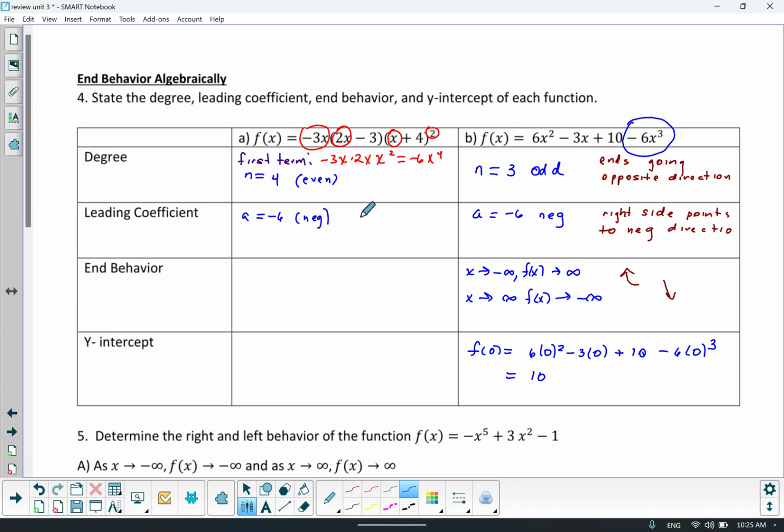What does that tell me? If the function has an even degree, the ends go in the same direction. And because the leading coefficient is negative, that means the right side points down, or points to the negative direction.